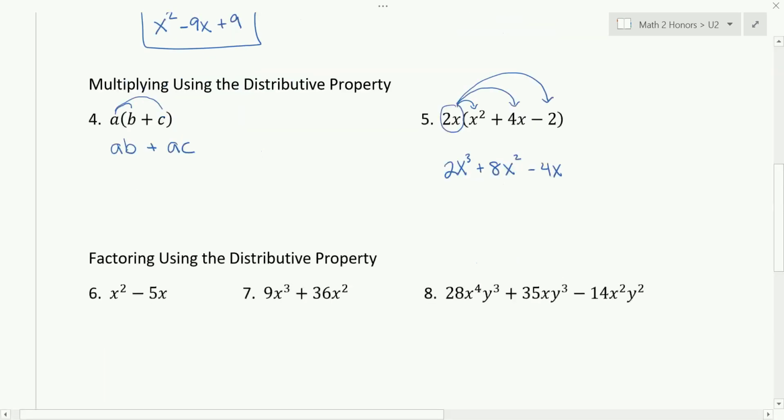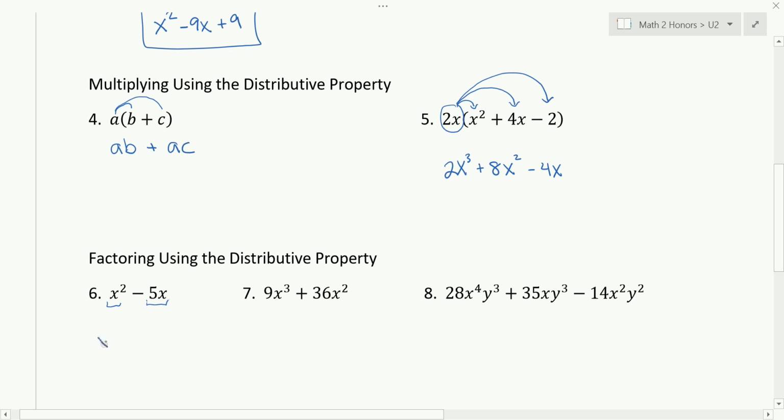You can do this same property in reverse order. It's still the distributive property, but we now, the opposite of multiplying, not division, but factoring. And when you're factoring like something like number 6, you're looking at x squared and 5x, and you're asking, what can I divide both of those by? What do they both have in common? An x.